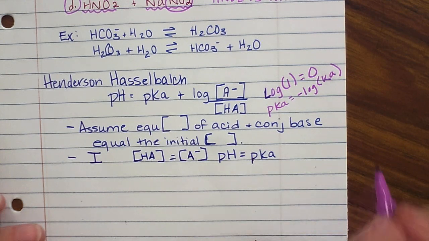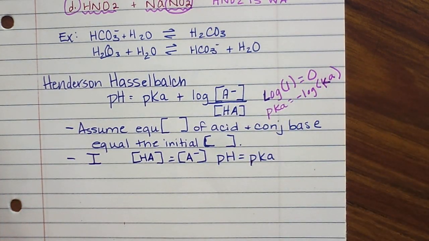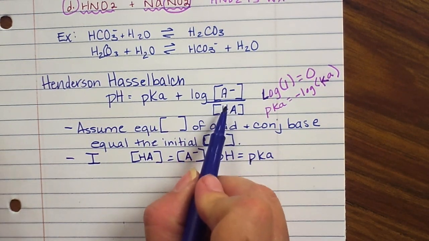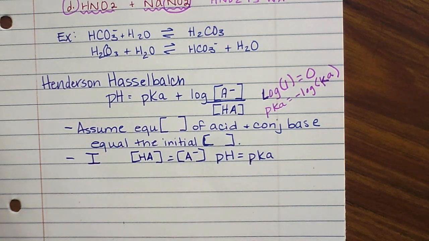If you have the Ka, then the pKa is equal to negative log of the Ka. So if you have the Ka and your concentrations are equal, then you have the pH of the solution.